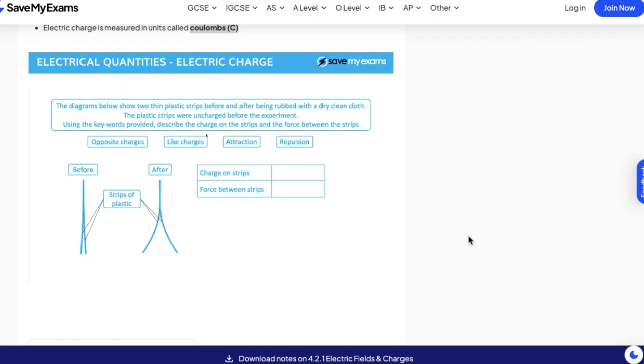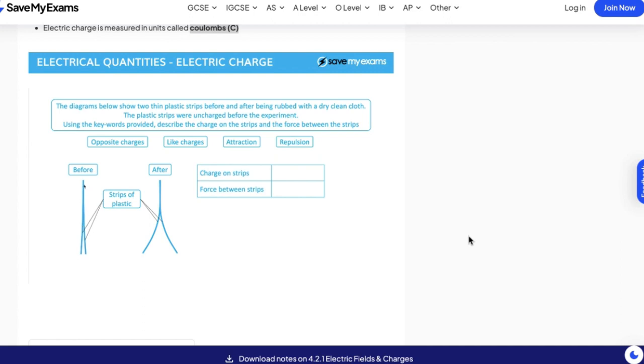So before we have a look at the key words in the question, we've got like charges and opposite charges, or unlike charges. We have to choose between those two, and then we need to choose between an attraction force and a repulsion force. So we need to just fill in this table.